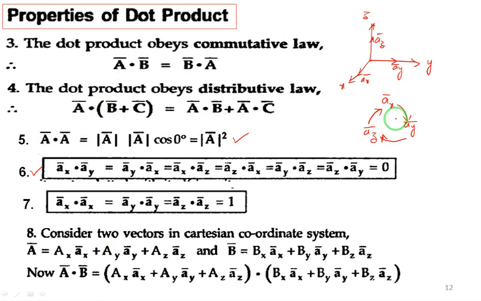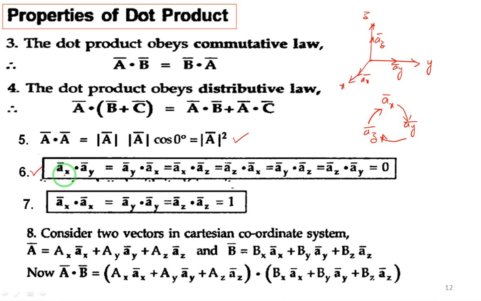Okay, fine. Then I want to take the dot product of similar vectors. Similar vectors means I want to take ax dot ax, ay dot ay, az dot az, right? That is the dot product of similar vectors. If I want to take the dot product of dissimilar vectors, meaning not the same, ax dot ay, ay dot az, az dot ax, we'll see what will happen here.